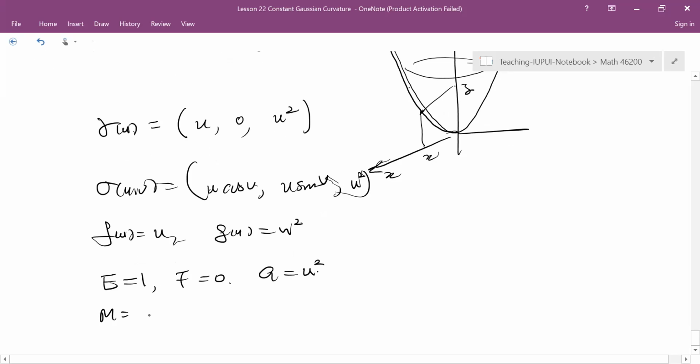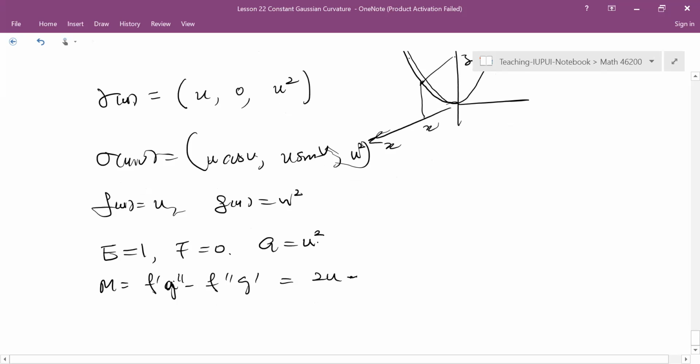L is going to be f prime times g double prime minus f double prime times g prime. f prime is just 1, g double prime is 2, and f double prime is 0, so this is just 2u.